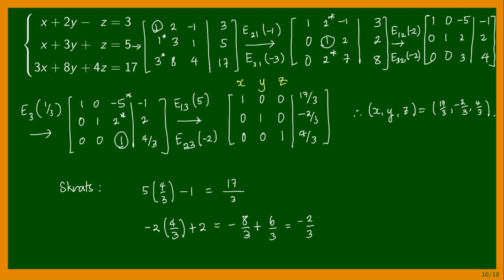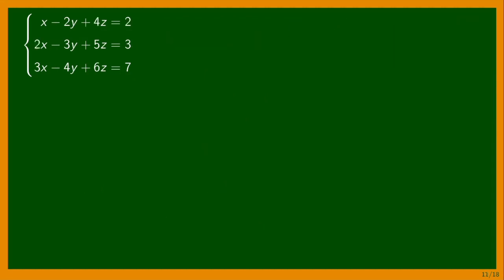I think this is the correct answer. Again, this linear system has a unique solution. Again, if you miss out anything, you can always pause and rewind the video. Okay, let's move on to the next example.